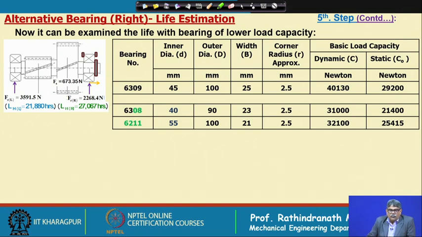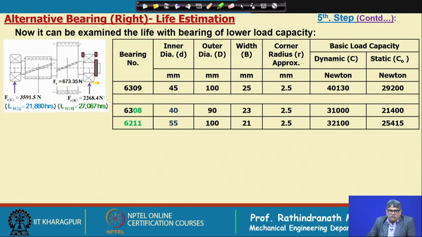Alternatively, keeping the dynamic load capacity and static load capacity the same as 6308, close to that we can go for 6211, one series lower, but in that case shaft diameter is increasing to 55 millimeter.